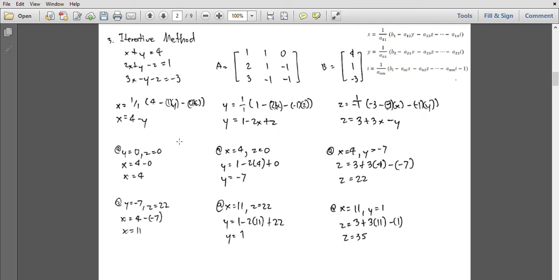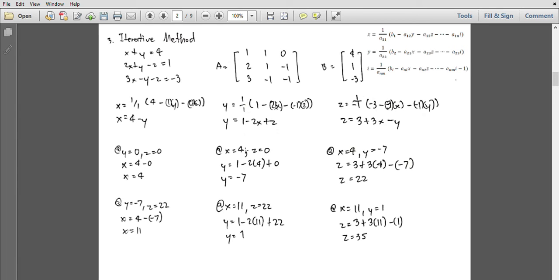At y equals 0, z equals 0, we substitute them into the equation of x in step 1. We get x equals 4. Then we use the new value of x to get y in the equation of y from step 1.